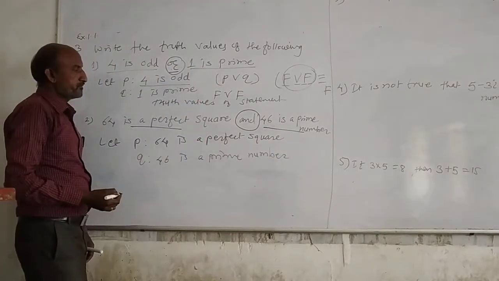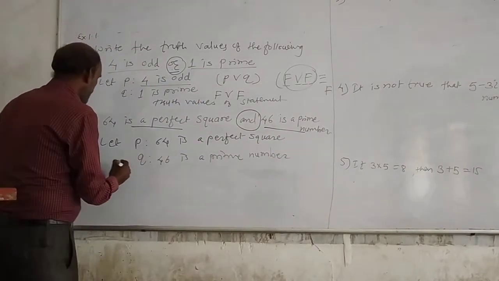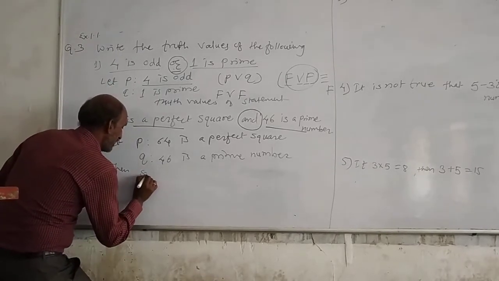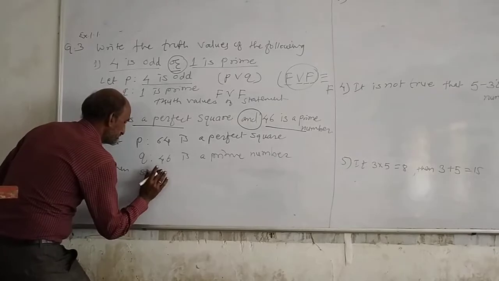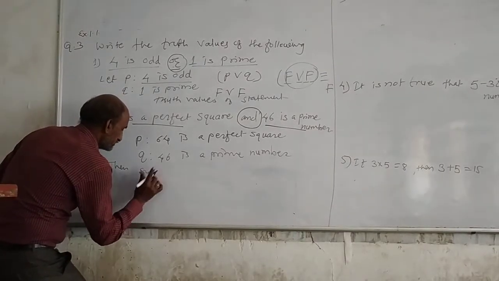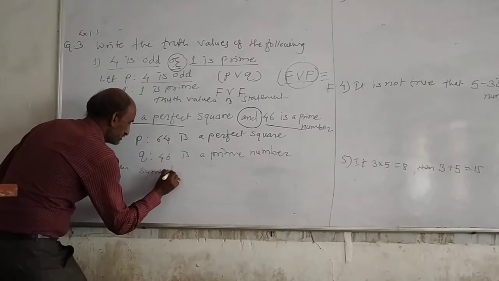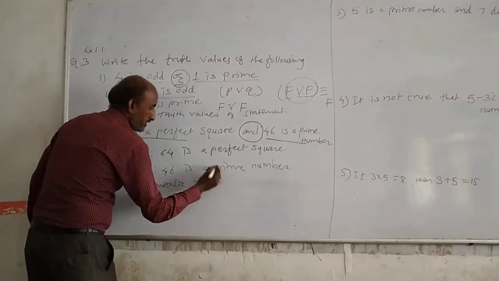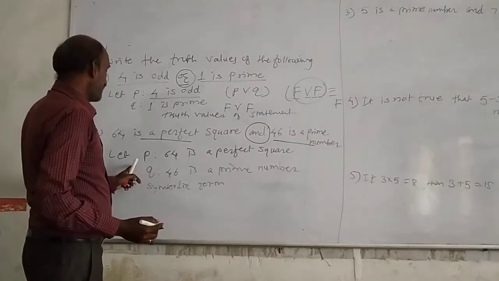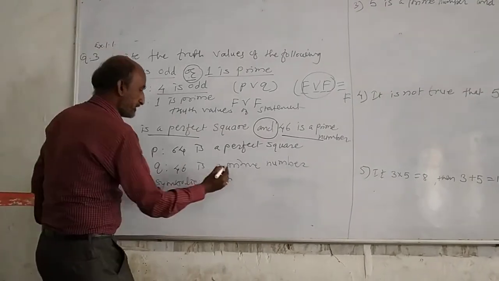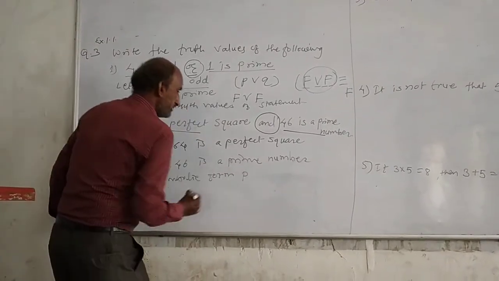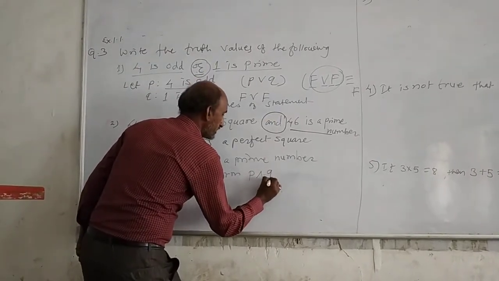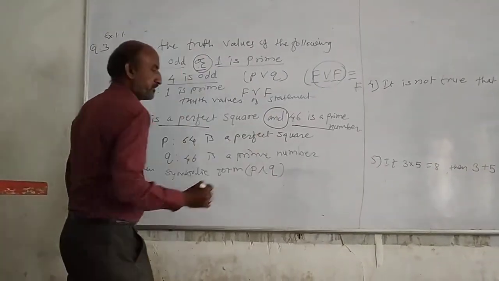Then the symbolic form of the given statement. What is the symbolic form? First statement P, what is the connective? And, Q. This is the symbolic form.